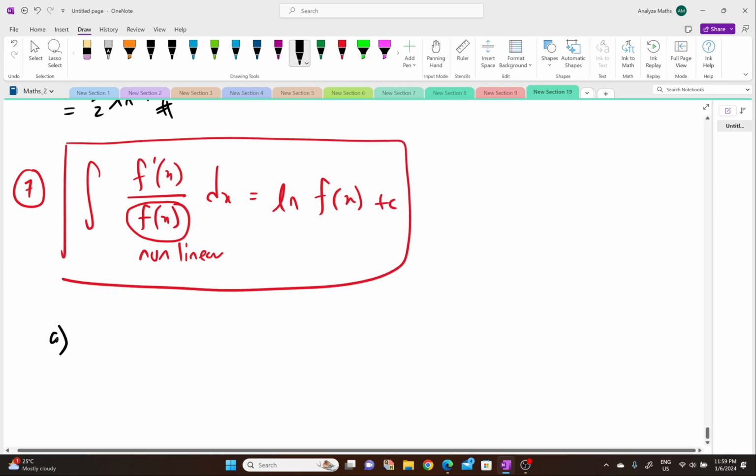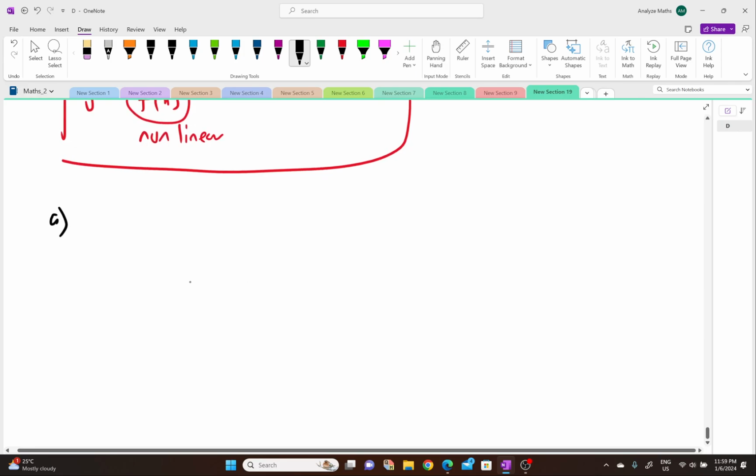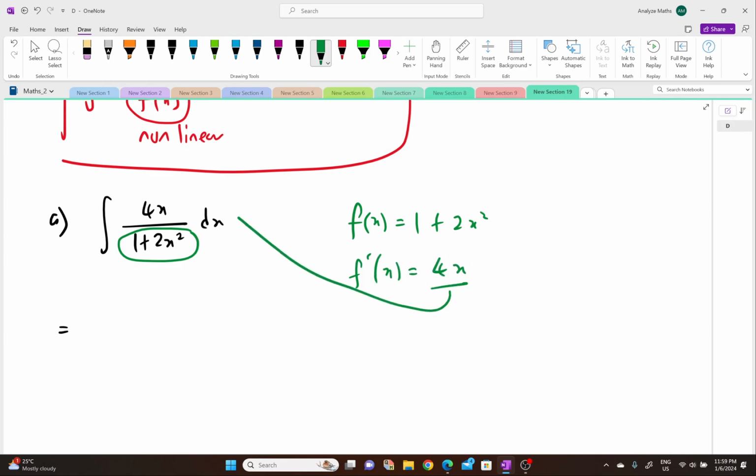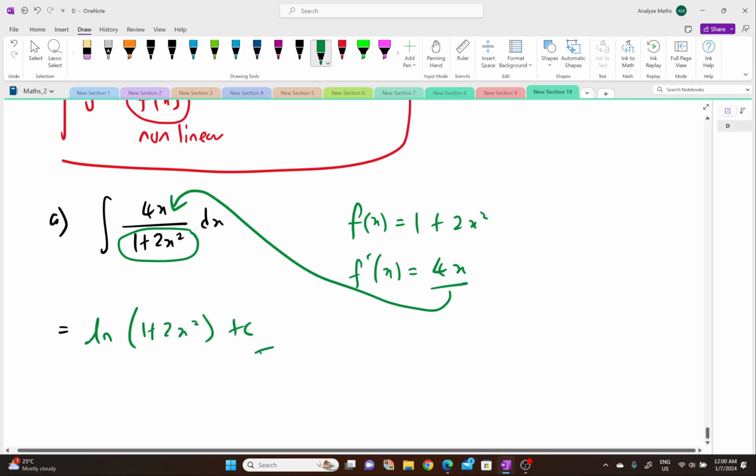For example, my fx is this one. If you differentiate this, you get 4x. This one is here, okay, no need to do any adjustment, nothing is there. So the answer is ln fx plus c. That is the answer.